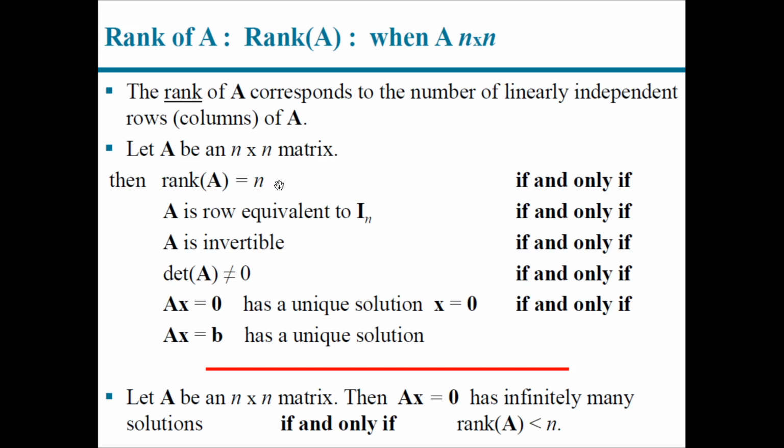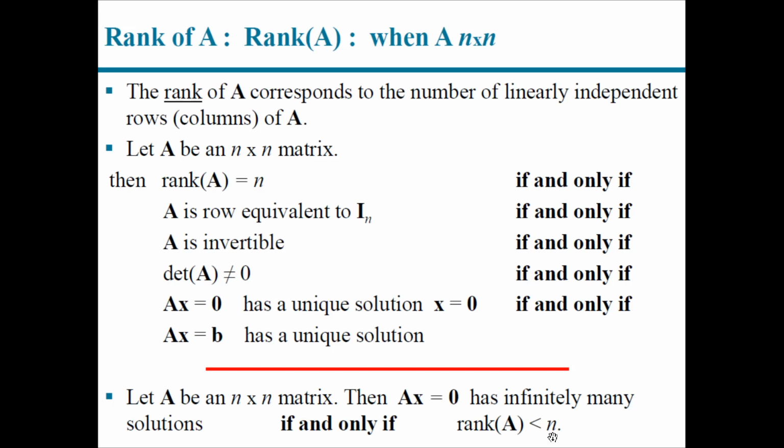Well, we have a newcomer in the equivalent statement sequence. Just to specify, when I have a square matrix and I'm solving the homogeneous system Ax equals 0, this system will have infinitely many solutions if and only if rank is smaller than n. Rank is the number of linearly independent rows and columns.